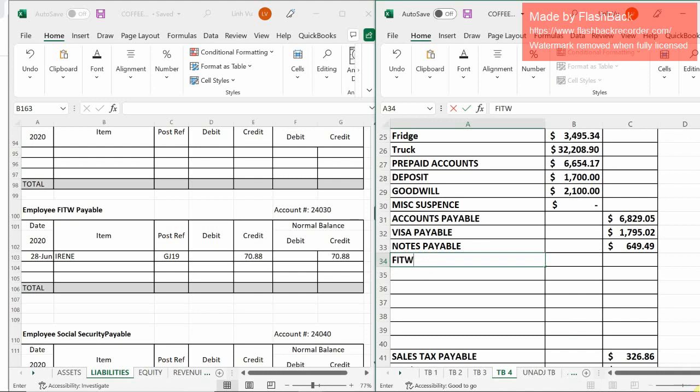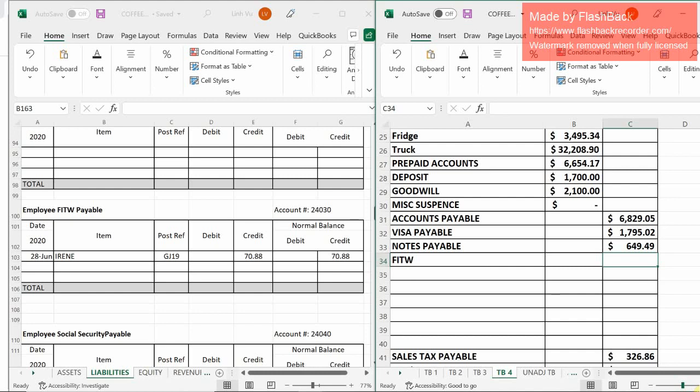Okay. So first things first I have here is FITW. Okay, so again, your trial balance can have all of the abbreviations because you're only testing to see if your debits match your credits, right?